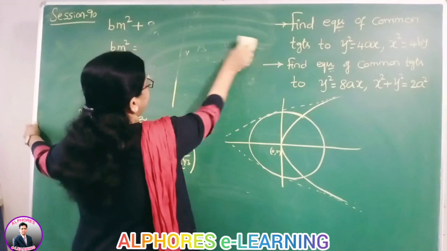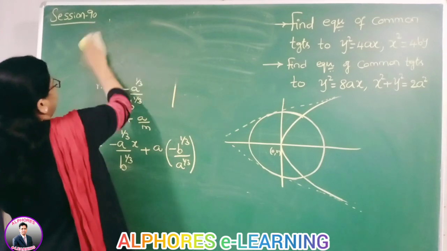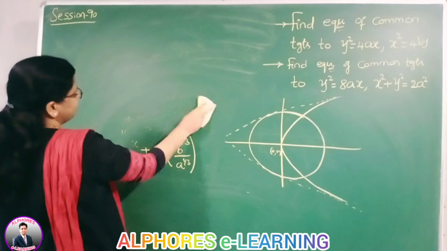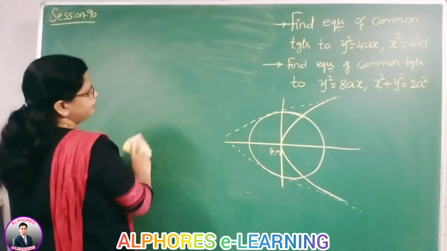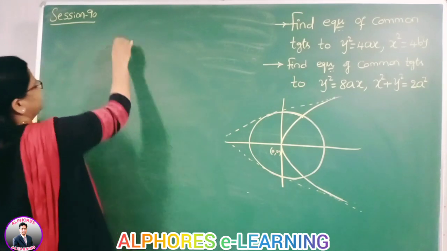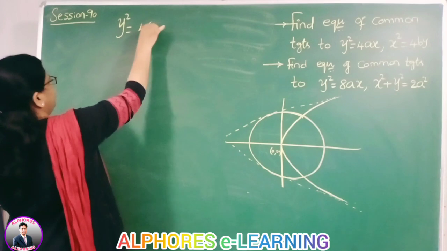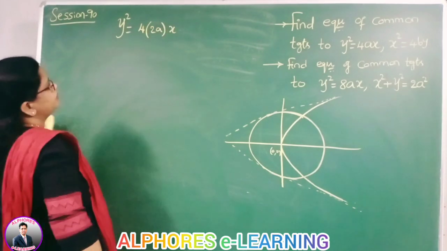So again as usual we start here. What is the starting? As we don't know the tangent equation, we start with y equal to mx plus c. Then what is the equation for the parabola? y square is 8ax, that is 4 into 2a into x. Okay students, so the parabola is of this form.